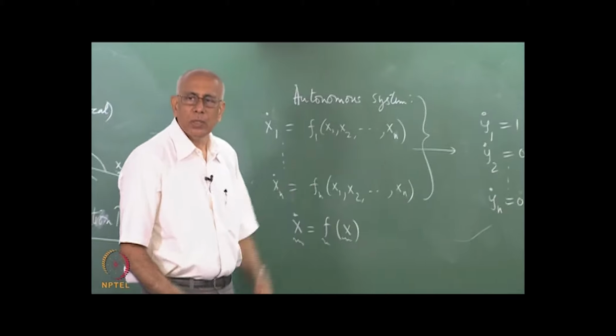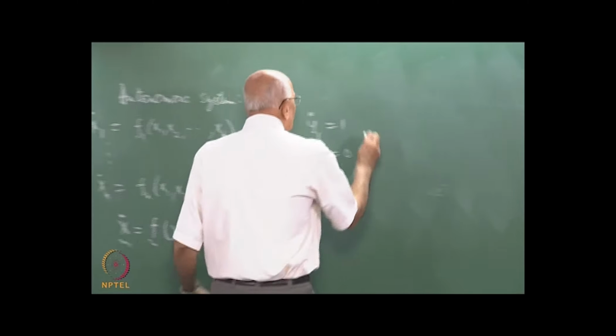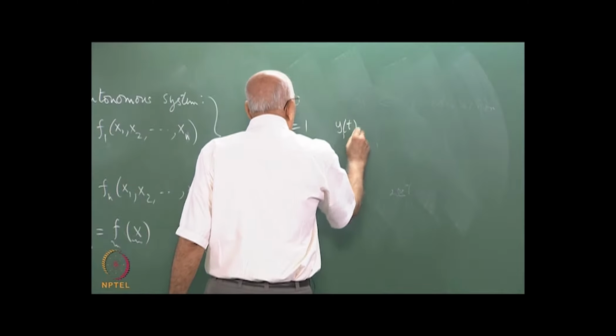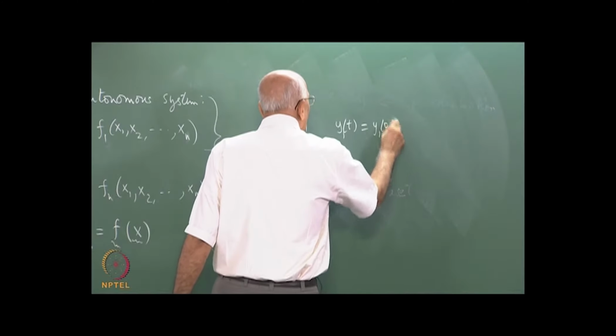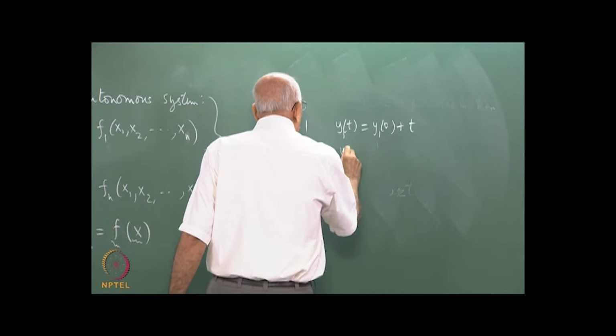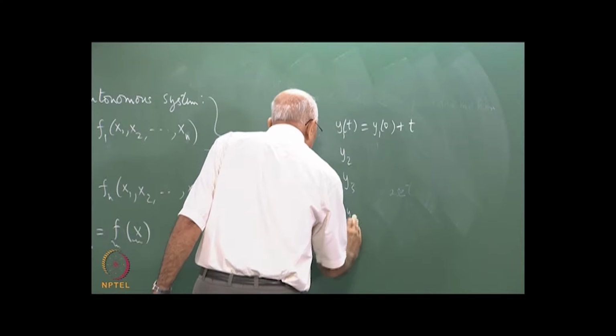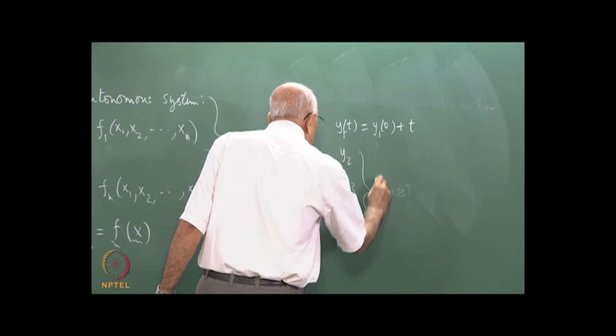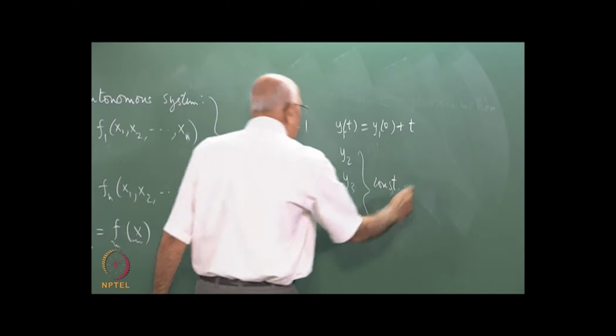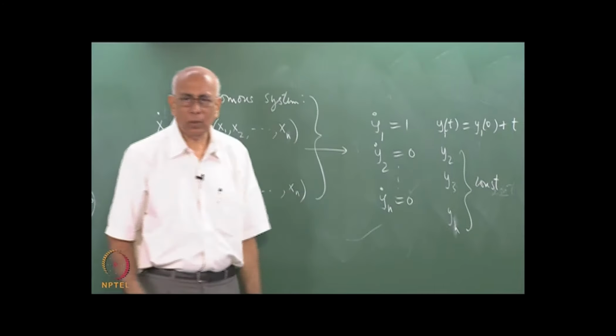And what are the solutions of this? This is simplicity itself, where it says y1 of t is y1 of 0 plus t, and y2, y3 up to yn are constants.